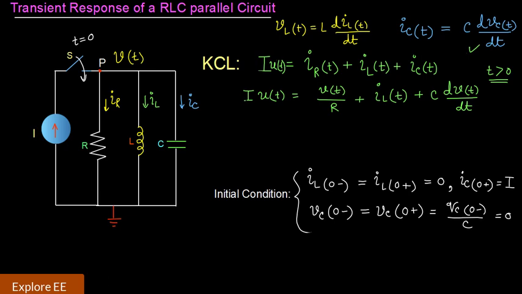Otherwise, we need to mention that KCL is valid only for t greater than 0. Therefore, all the expressions of transients are also valid for t greater than 0. All these expressions of iR(t), iL(t), iC(t) and v(t) finally can be multiplied with a unit step function if the analysis is being started at the t equal to 0 instant.